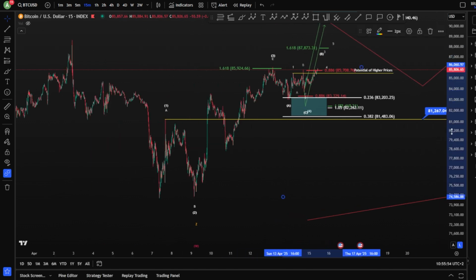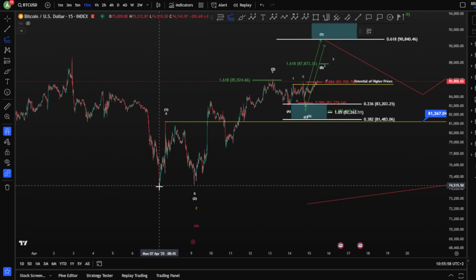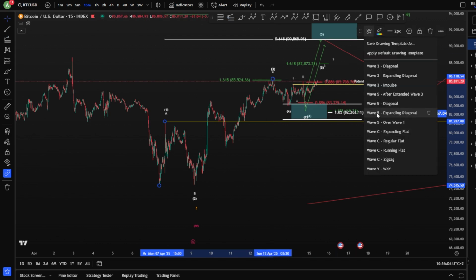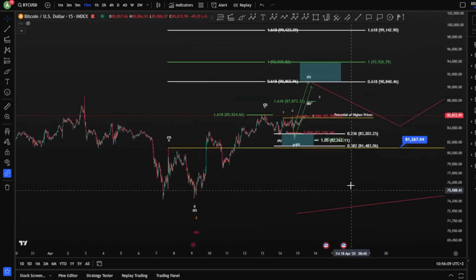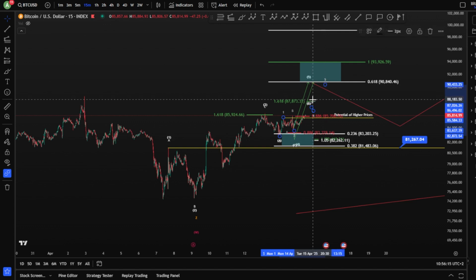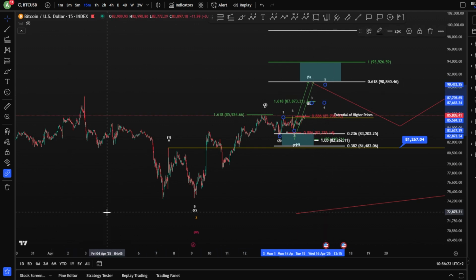Now, if we want to take also in confluence the target for wave 5 here from the wave 1, and based on the wave 3 here, we have the following target: wave 5 over wave 1. Oh, we already have it, guys, in the blue zone. So preferably, because wave 3 anyway should hit the 1.618 taken from this 1, 2, then having 4 and a 5 towards the upside.